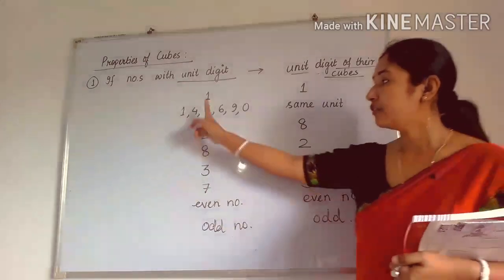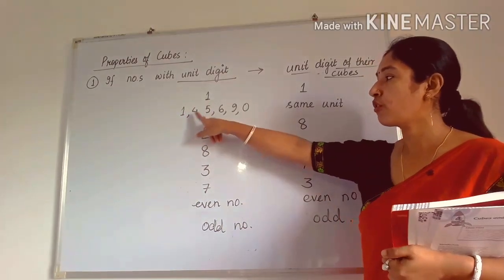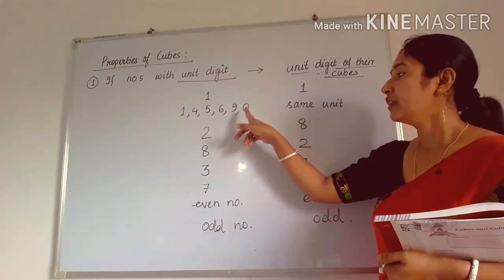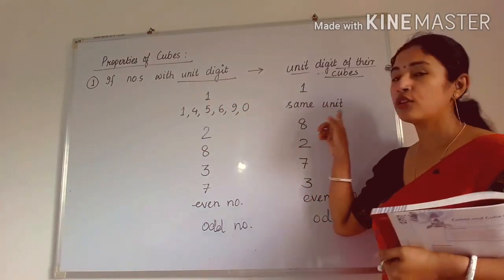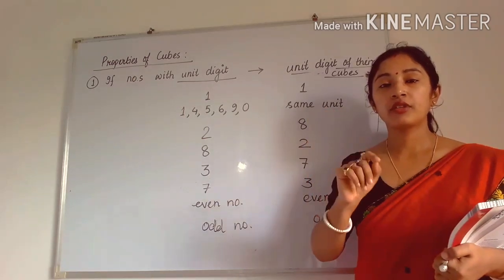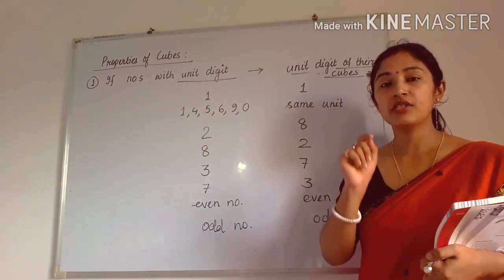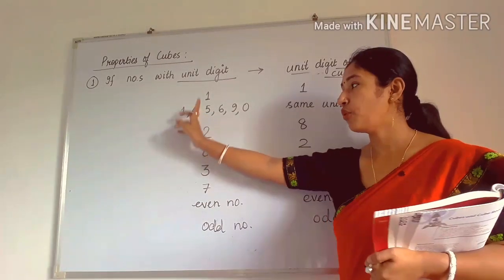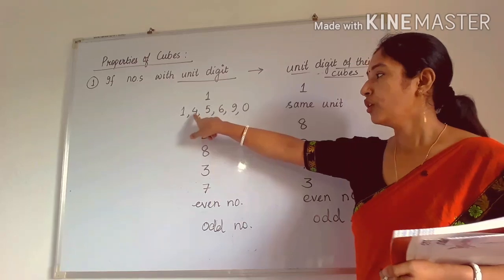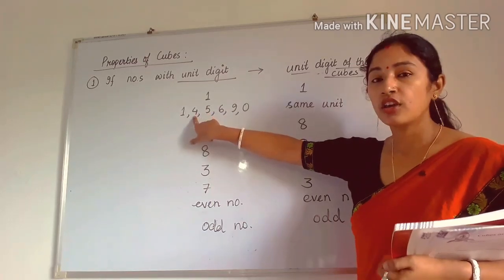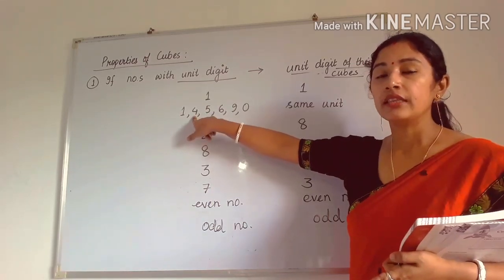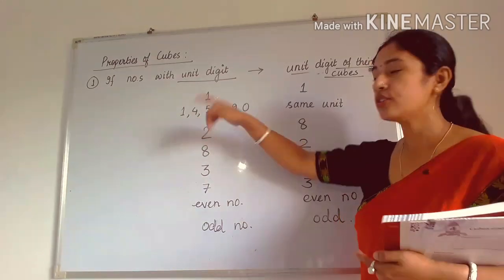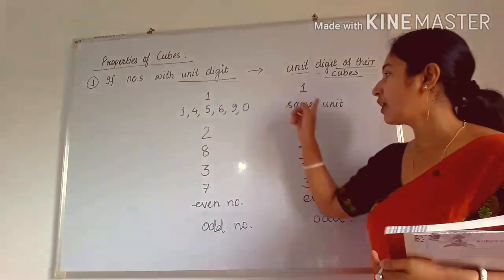Next, if the unit digit is 1 or 4 or 5 or 6 or 9 or 0 in the given number, then the cubic number will also have the same unit digit. Suppose a number is 24, so the unit digit is 4. If I do the cube of 24, then in the cube of 24 also I get the unit digit as 4 only. So for 4 it will come as 4.